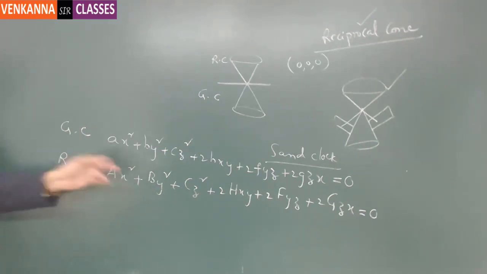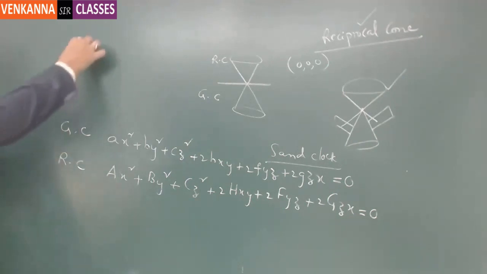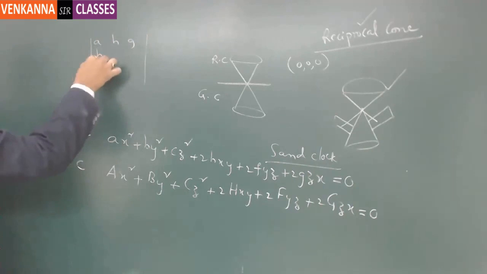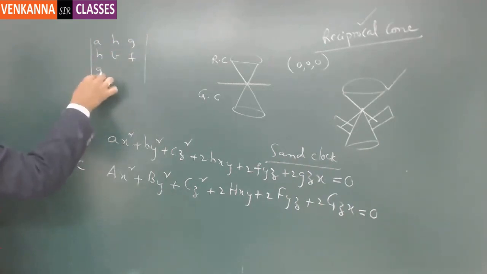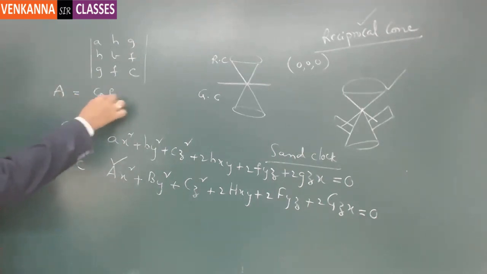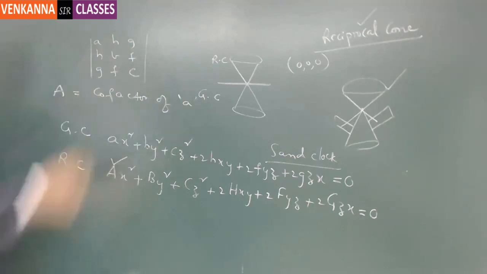And the values of the coefficients are determined from the determinant value. If you want to calculate the value of capital A, it is nothing but the cofactor of small a in this determinant, I mean the matrix, if you can call it that.